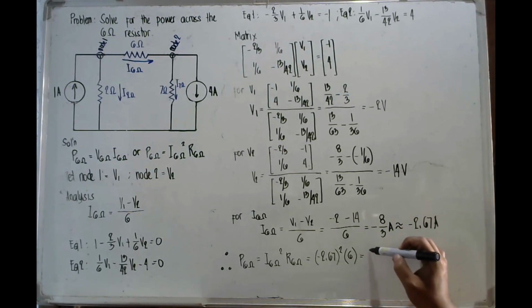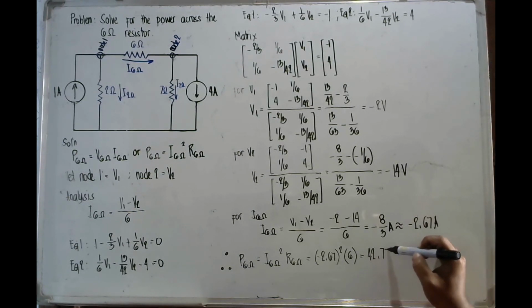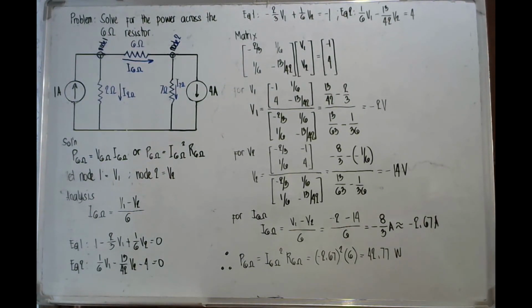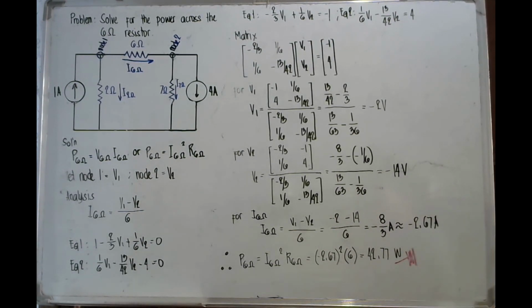Then you have 42.77 watts. So this would be the power across your 6 ohms resistor.